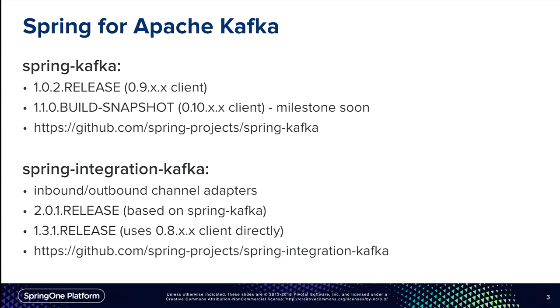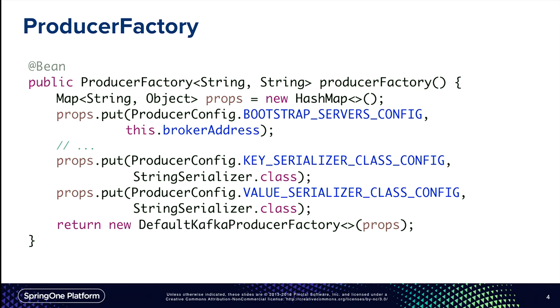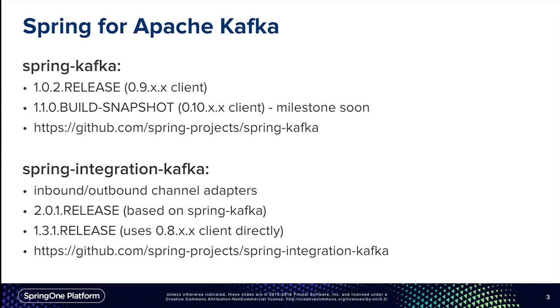So when the 0.9 client was released, which is a pure Java client, with no Scala code anymore, we decided to break it out into a separate project, Spring Kafka, similar to spring-AMQP, just providing a low-level abstraction on top of Kafka itself, and then Spring Integration Kafka builds on top. The 2.0 release is a complete rewrite of the 1.3.1, just completely using the Spring Kafka capabilities.